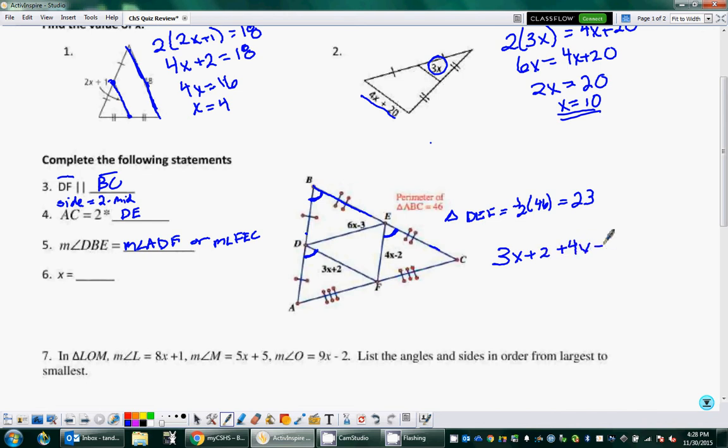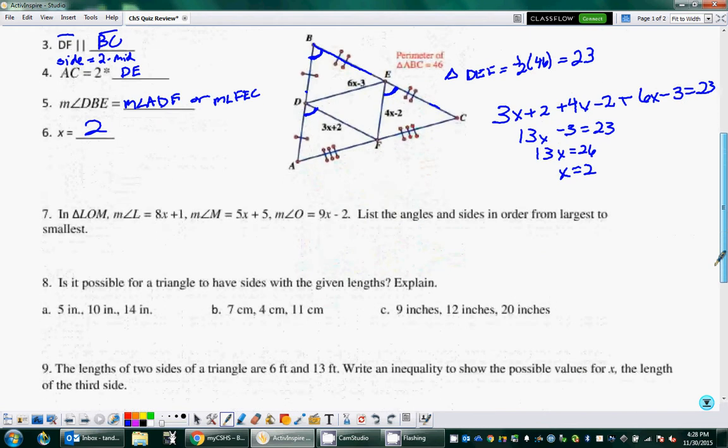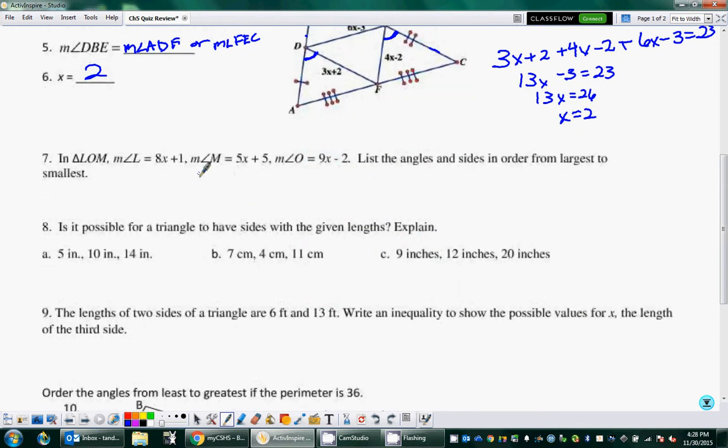So when I go to plug that in, I've got 8 times 8 plus 1, which gets me 65 for angle L. For angle M, 5 times 8 plus 5 gets me 45. And then O here, 9 times 8 is 72, minus 2 gets me to 70. So I'm going for just the smallest. My largest side is opposite the largest angle.